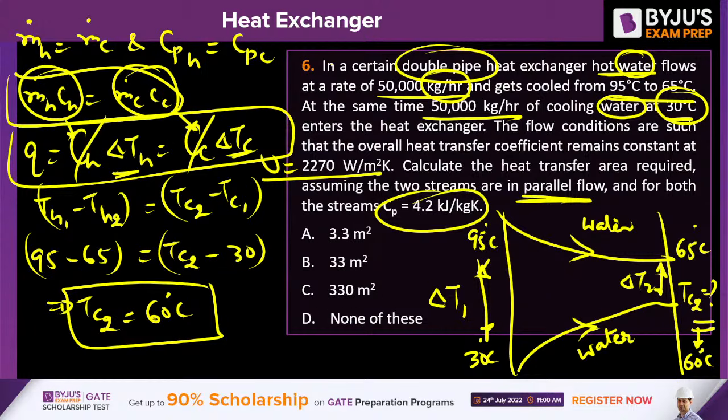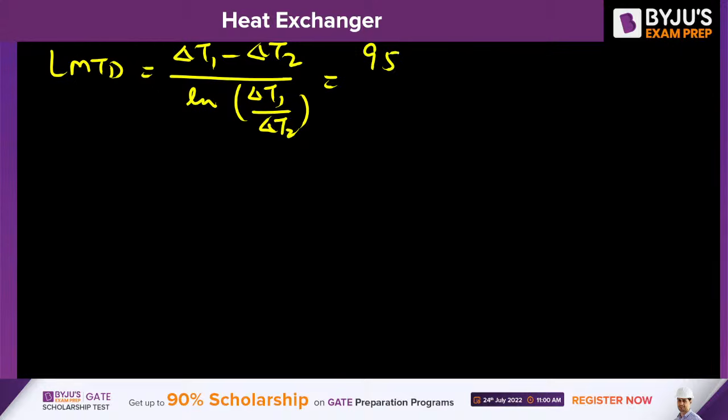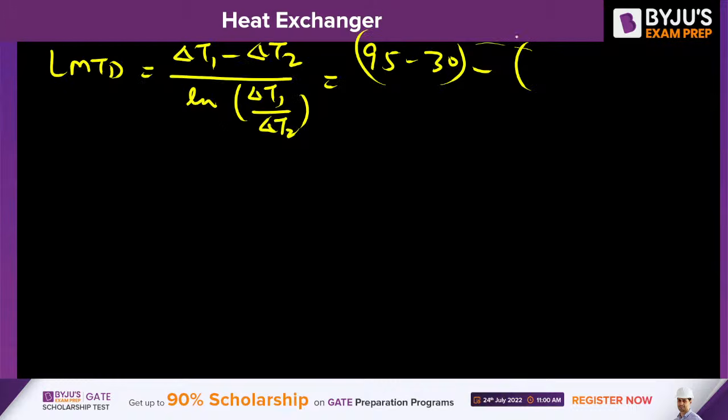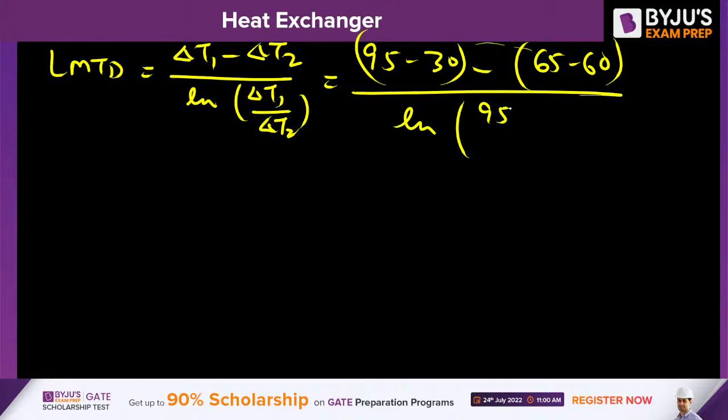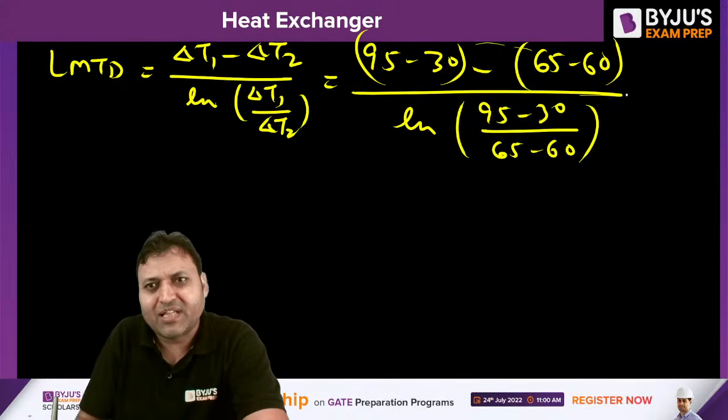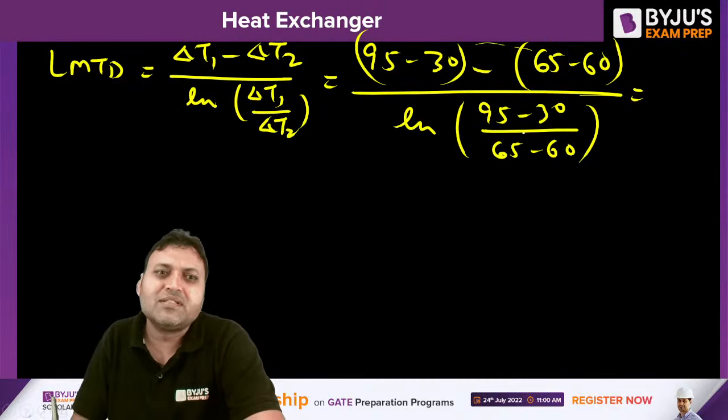That is 95 minus 30. What is delta T2? That is 65 minus 60. So LMTD is 95 minus 30 minus 65 minus 60, upon natural log of 95 minus 30 upon 65 minus 60. That will give you the value of LMTD.